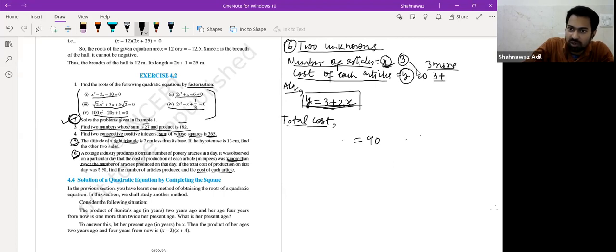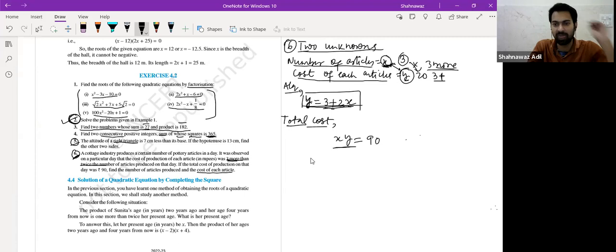Then total cost is 3 into 20. Now the number of articles is X and cost of each article is Y, so the cost is X into Y. This is correct.